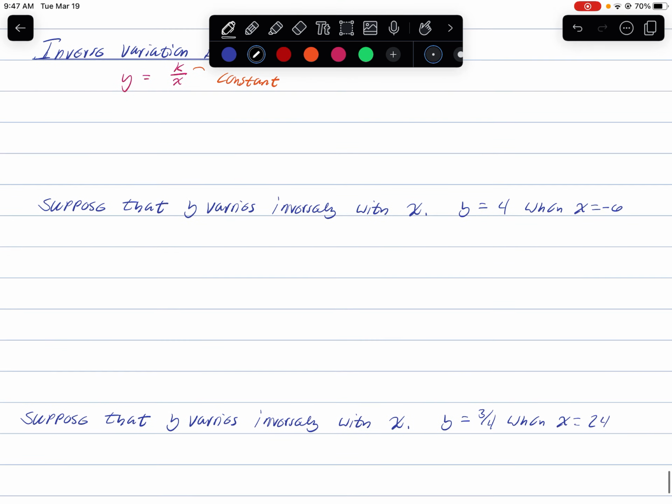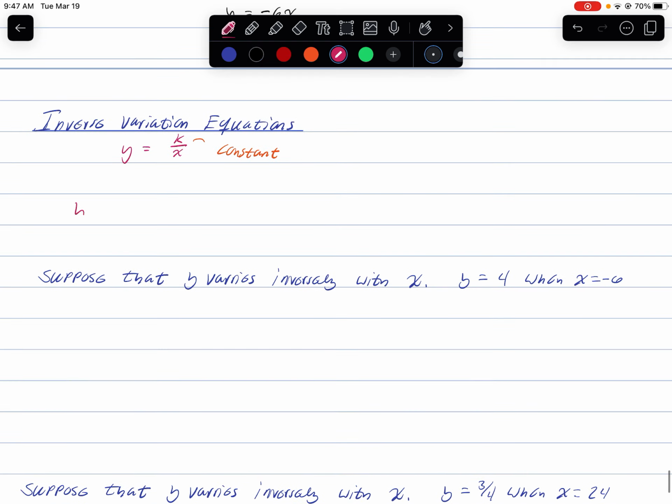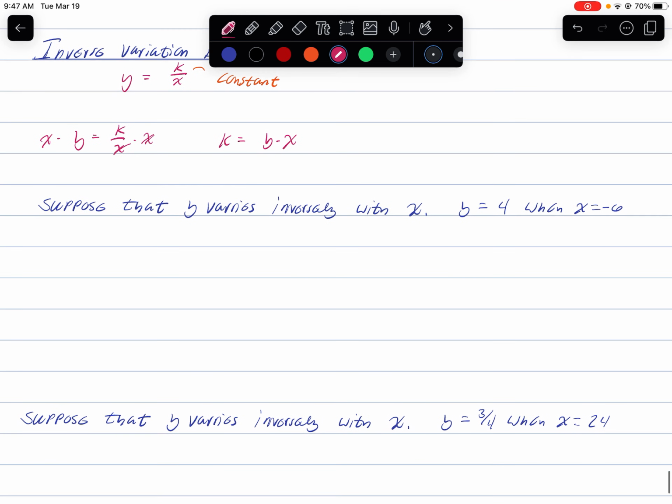So let's take a look at a couple examples. Suppose that y varies inversely with x, and we have that y equals 4 when x equals negative 6. If we go back up here, we can solve this for k. We have y equals k over x. To find k, we multiply both sides by x, and we have k is equal to y times x.